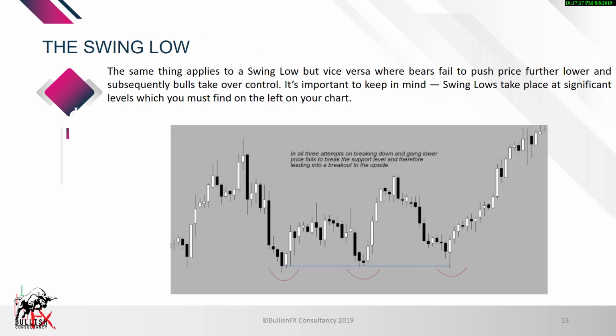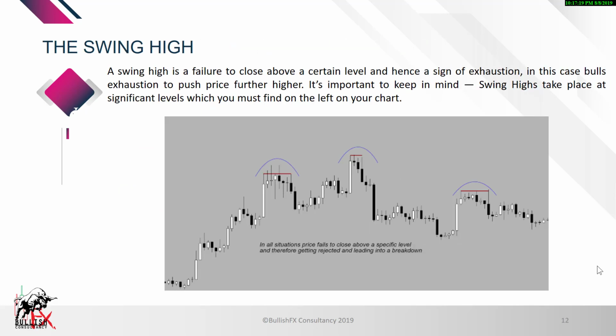Right, let me go back to a swing low and swing high. So what I've just said is, say for instance this candle here, if it had closed above here, it means this whole structure has been violated and market looks to push further high.